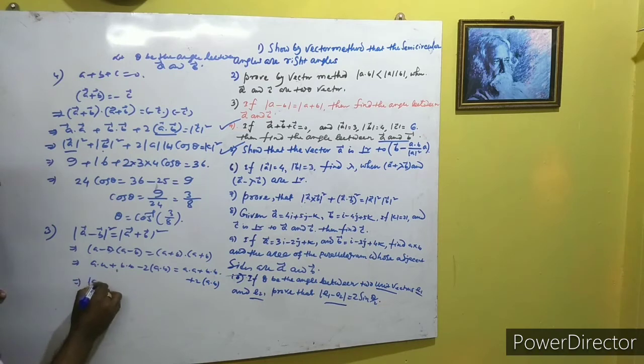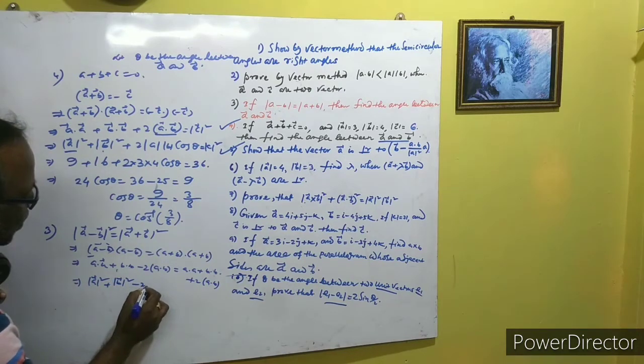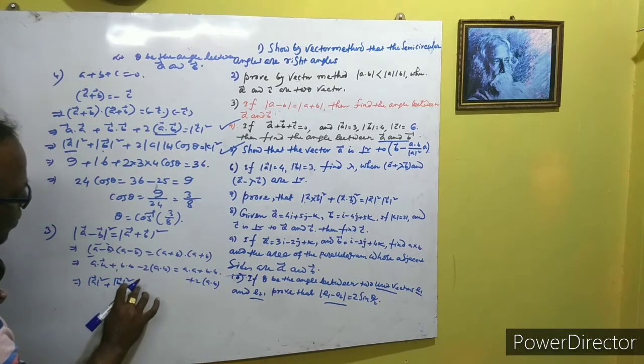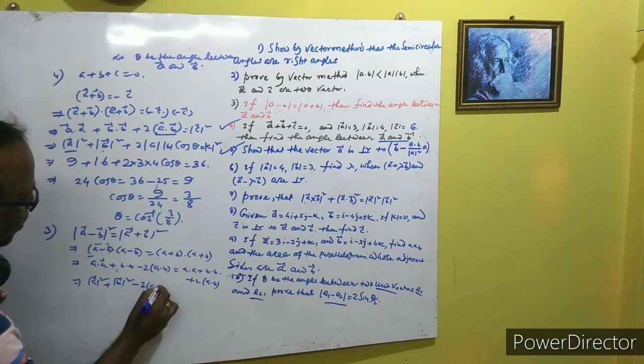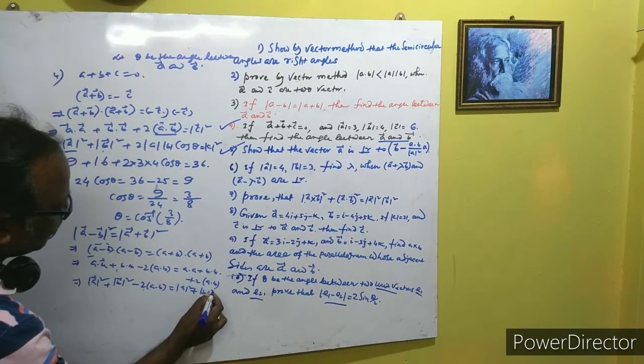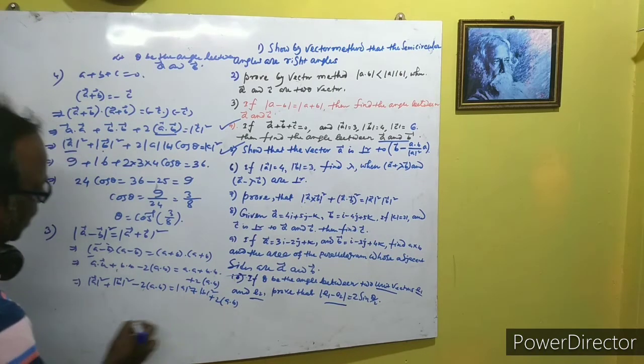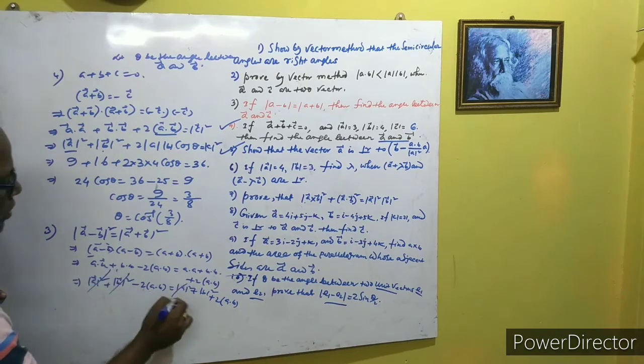So this here is mod A square, related to mod B square. Minus 2 A dot B, mod A square, mod B square plus 2 A dot B here. So these two are cancelled.